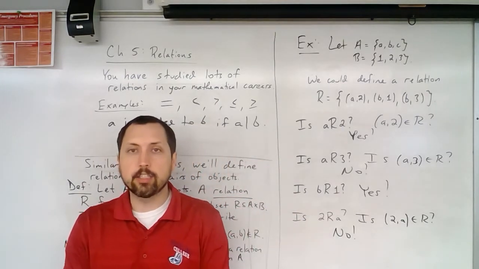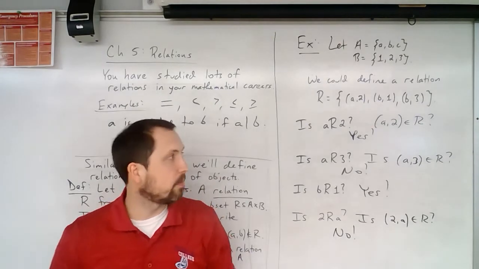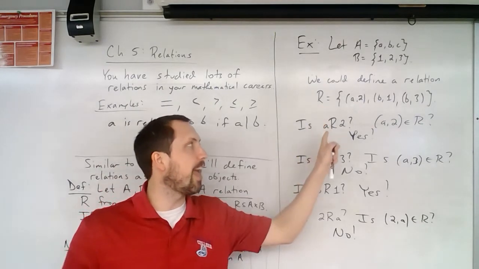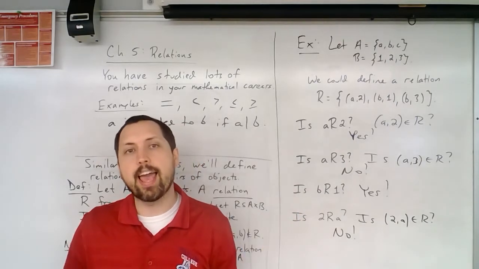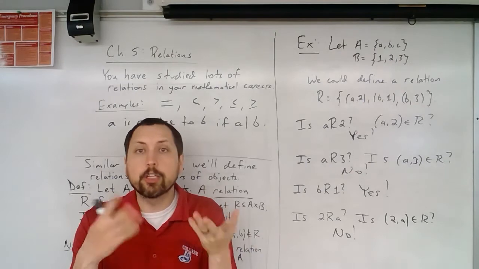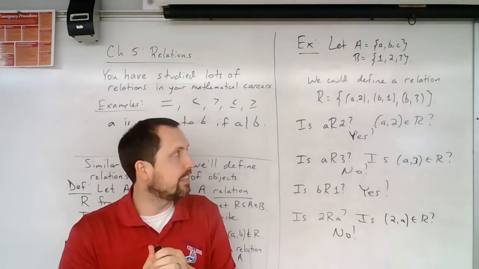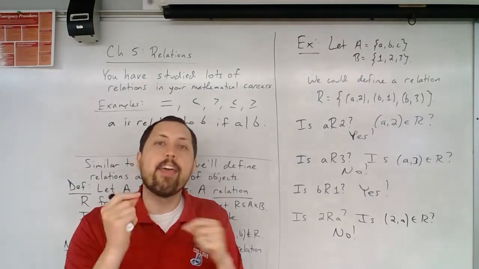This is going to lead to some really interesting discussions in a couple of videos from now, discussing how you can have a is related to 2, but 2 is not related to a. So it is not going to have this really nice commutative property, or we're going to use a different word in this class, but it's not going to be able to switch freely which thing is related to another. And that should make sense.